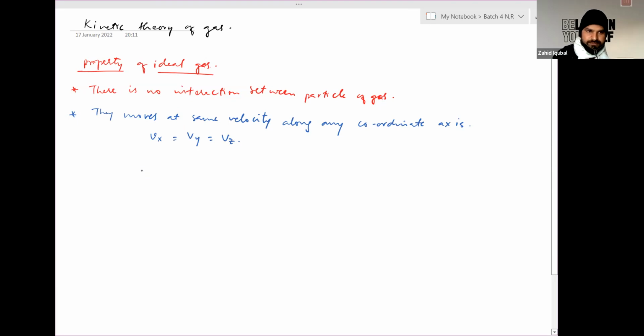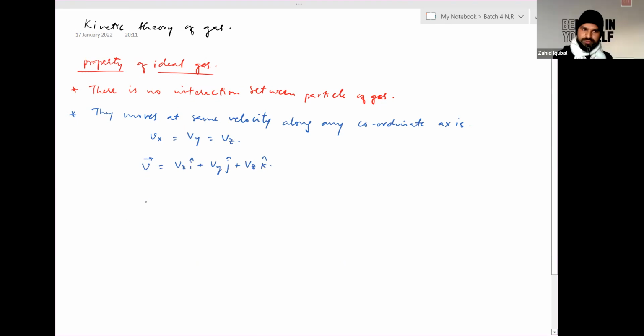So let me define the vector representation of this. V vector equals Vx i cap, Vy j cap, and Vz k cap. Gautam, is it clear? Yes, sir.